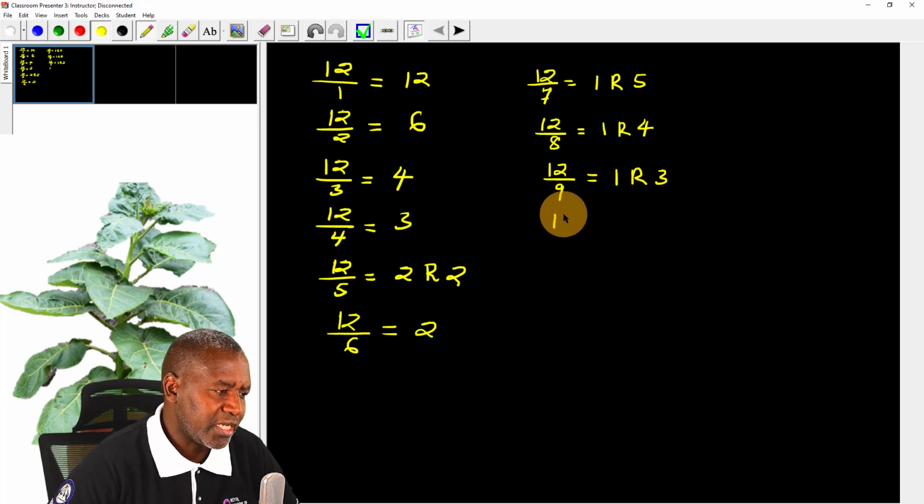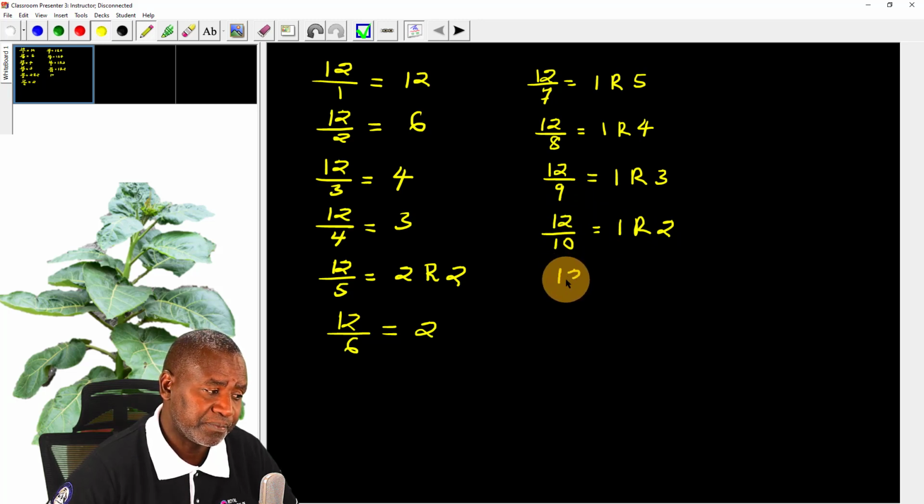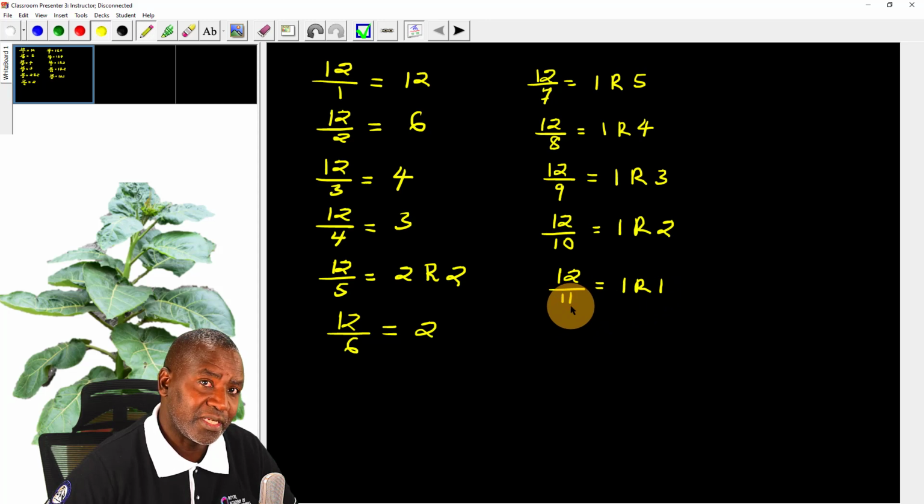And if we divide 12 by 10, there is 1, remainder 2. Again, 10, 9, they are not factors of number 12. 12 divided by 11, we get 1, remainder 1. So 11 is not a factor of 12.